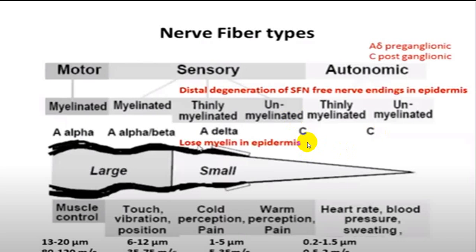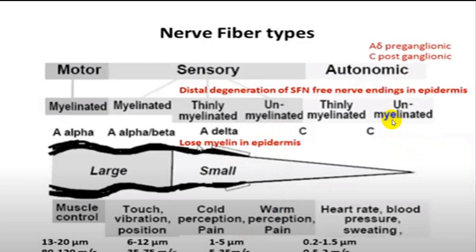Pain fibers which are unmyelinated are also called C fibers. While thinly myelinated fibers which carry cold temperature and a little amount of pain sensation are called A delta fibers. So whenever small fibers are involved, you will have pain and temperature gone, and you might have involvement of the autonomic nervous system.